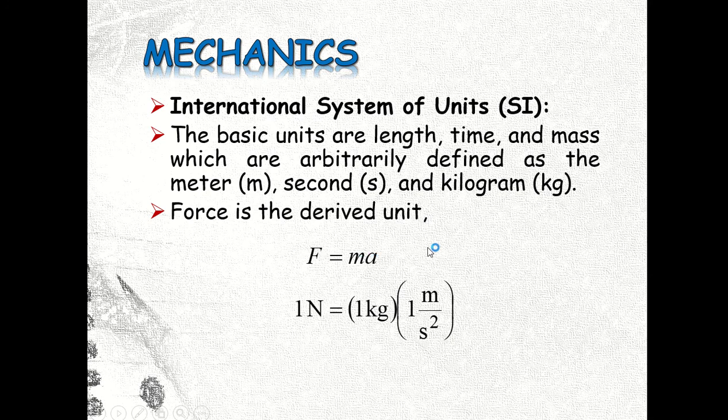Force equal to mass times the acceleration, where our force must be expressed in terms of Newton. So 1 Newton is equivalent to 1 kilogram meter per second squared. Just the product of the mass and the acceleration, 1 meter per second squared. So that is what we call Newton.